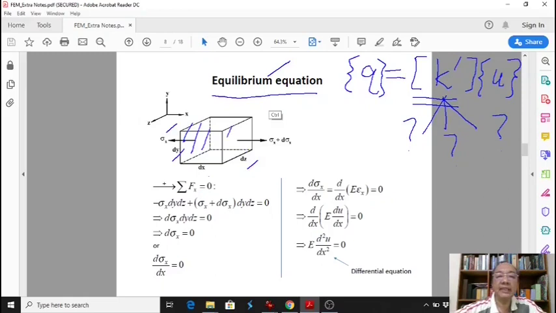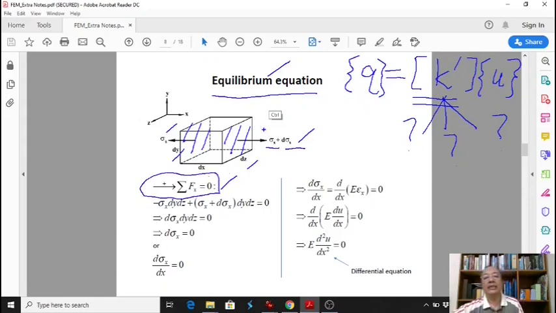At this face, we have stress x plus an increment term, d sigma x. If we apply the equilibrium equation, total Fx equal to 0. We consider only one equation because this is a bar element with one direction of stress only.